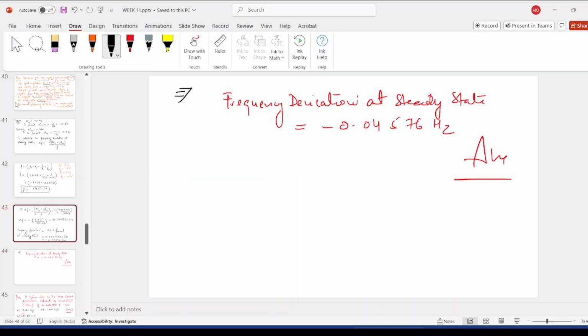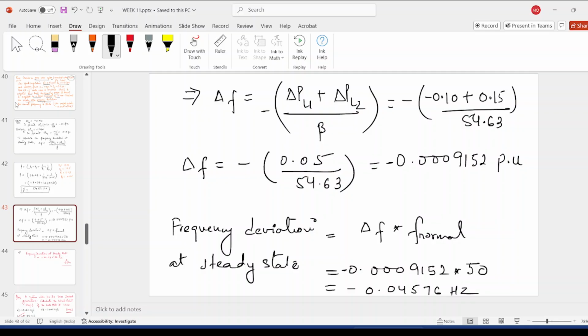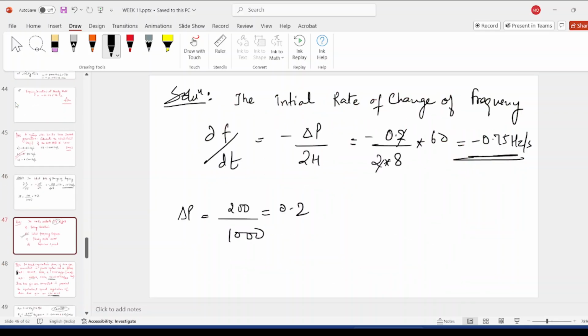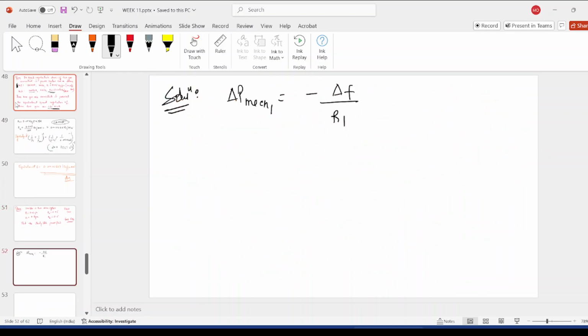In per unit value, what we calculated was 0.000952. The same value we will use because we will calculate first in per unit: 0.000952 divided by R1, 0.03.